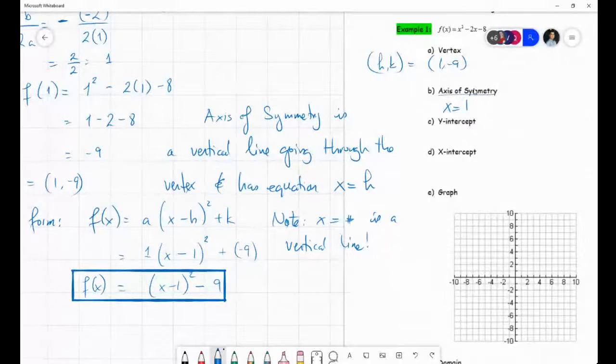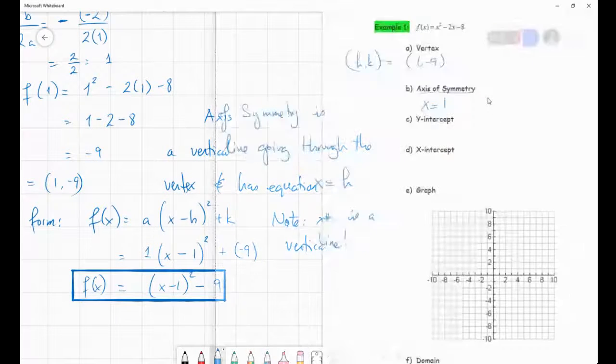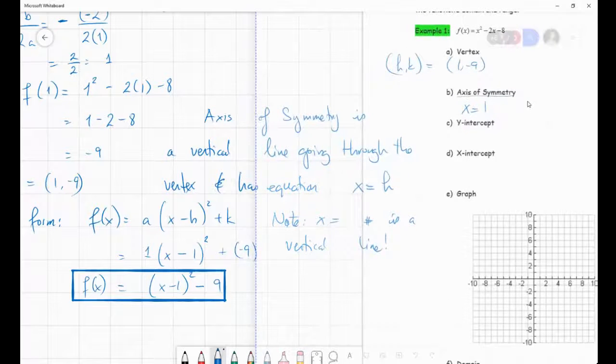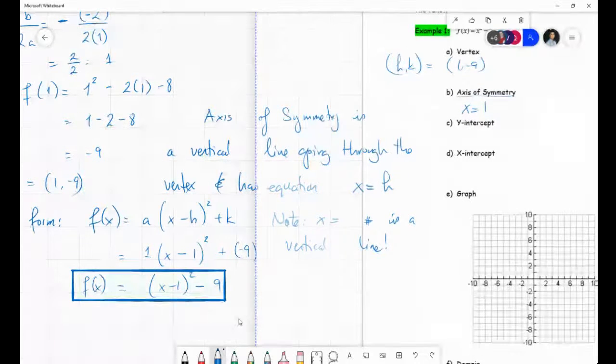These two can be found easily once you have the graph, or you can just try to find them using the vertex form. So I'll give you a quick hint on how to find it fairly easily.